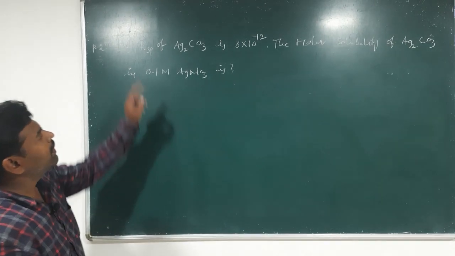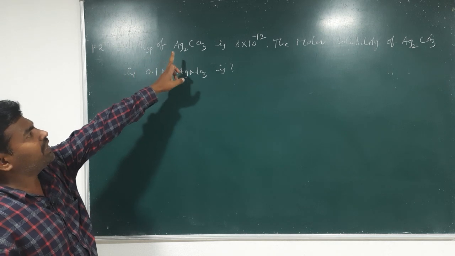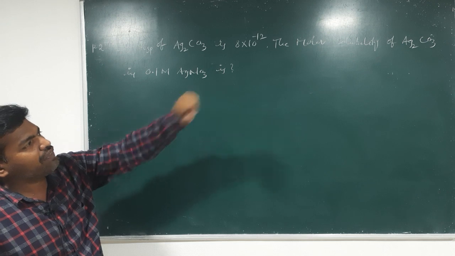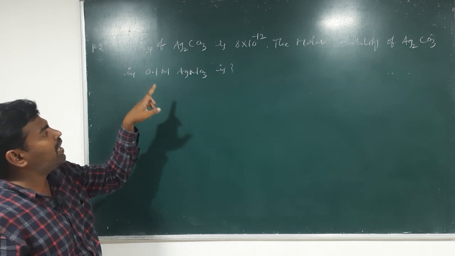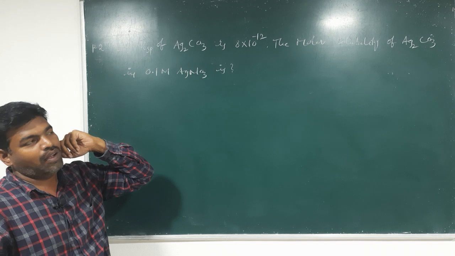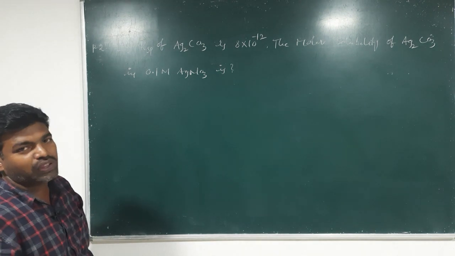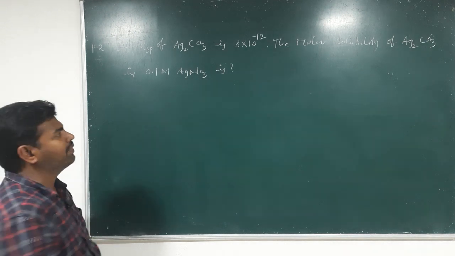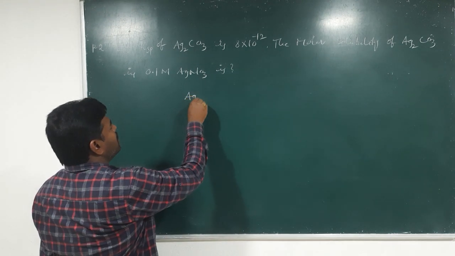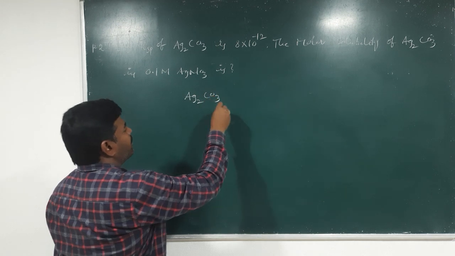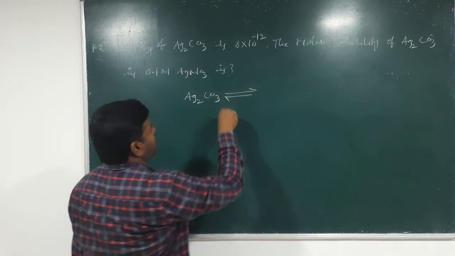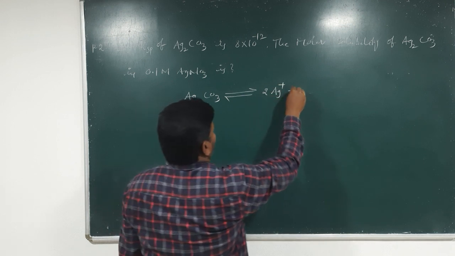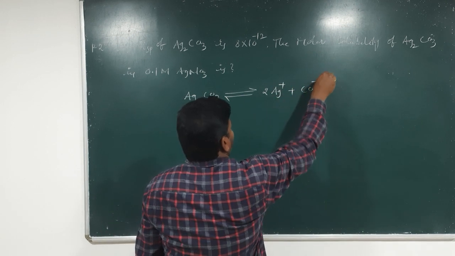Solubility product of Ag2CO3 is 8 into 10 power minus 12 and the molar solubility of Ag2CO3 in 0.1 molar AgNO3 is. Okay, so for Ag2CO3, in this case we have to write the equilibrium, that is Ag2CO3 dissociates as 2Ag plus and CO3 2 minus.